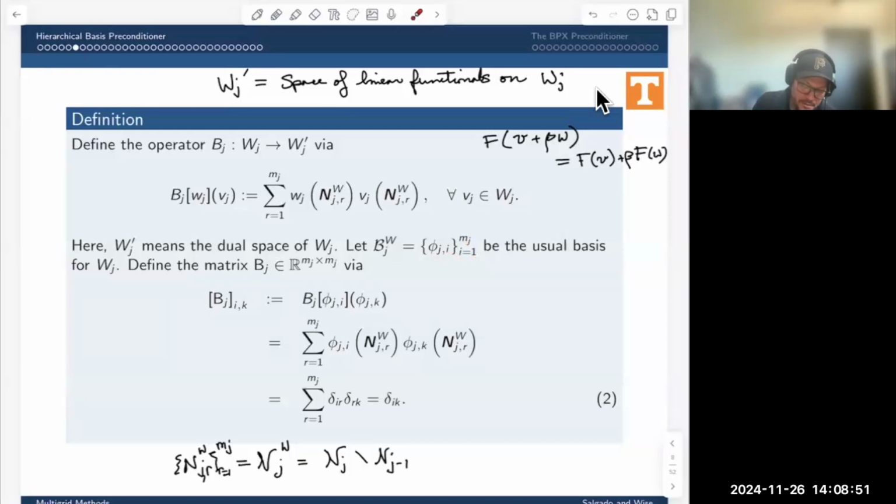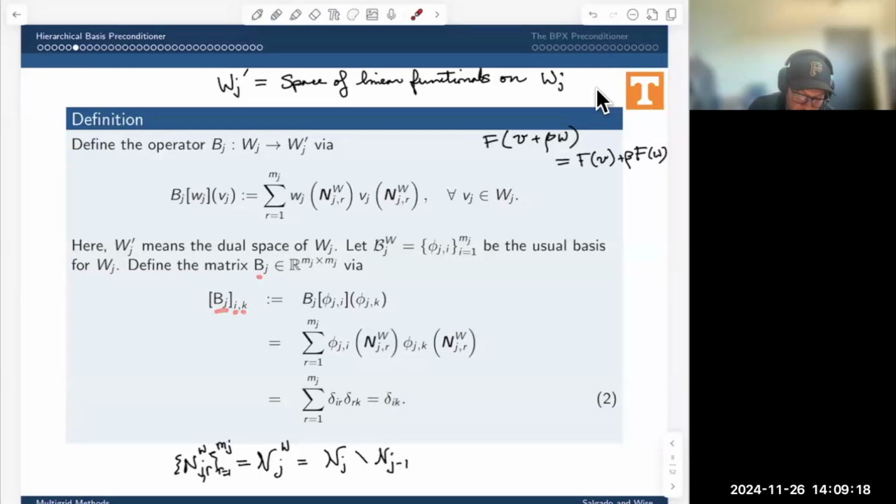We're going to define the matrix bj to be a square matrix having mj rows and mj columns. And the way I can define this matrix is to simply tell you how I'm going to compute its entries. So bj, this is the matrix, and these are the entries of it.